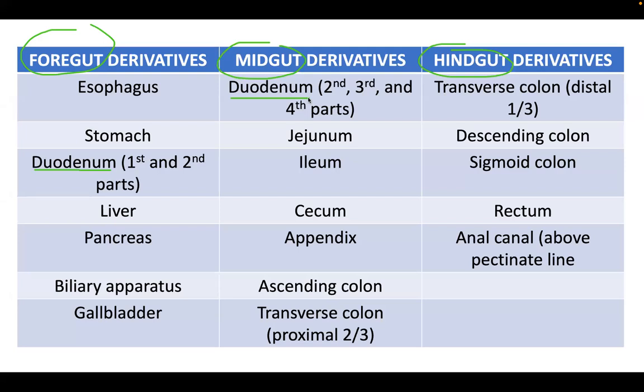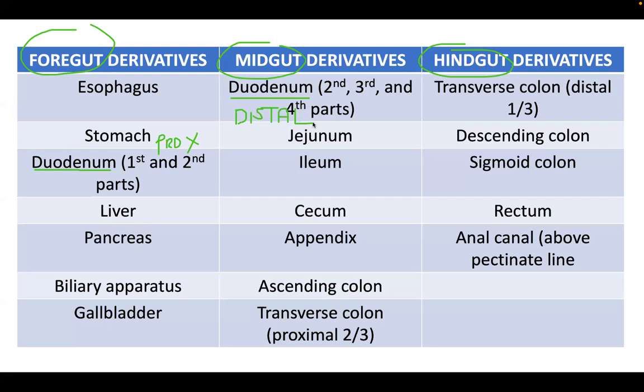Is it proximal duodenum or is it distal duodenum? Foregut is proximal duodenum. What about midgut? Midgut is now distal. Okay, that is what you should memorize because it's the boundary between foregut and midgut.